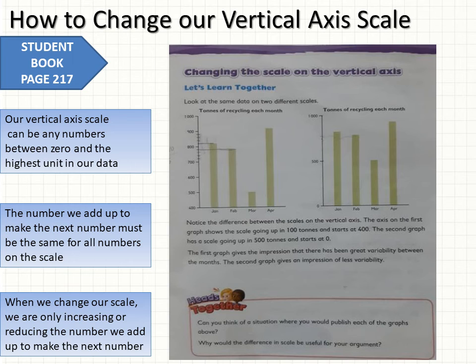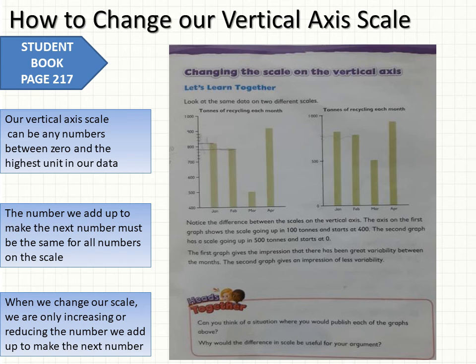Now I want to change my scale. Or I say to you, I am using scale of 200. You change your own scale. To change your own scale means you want to change the interval of the numbers. So you can choose to add up 100 in your own.